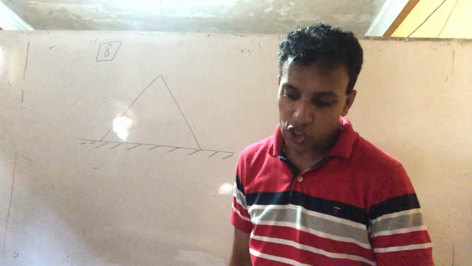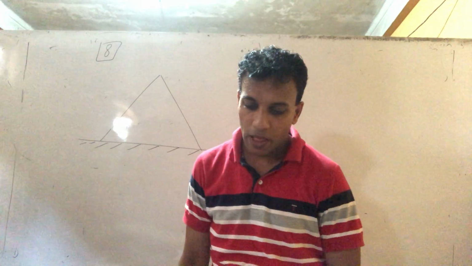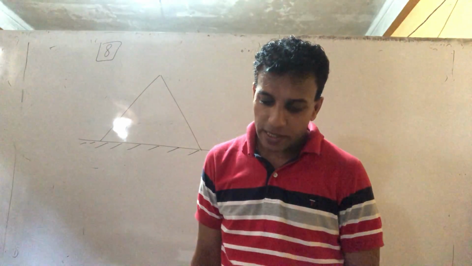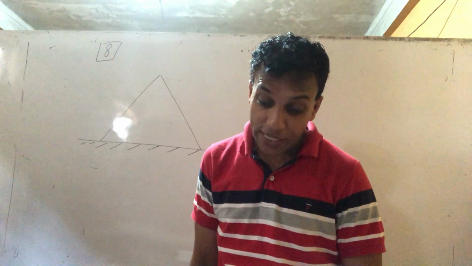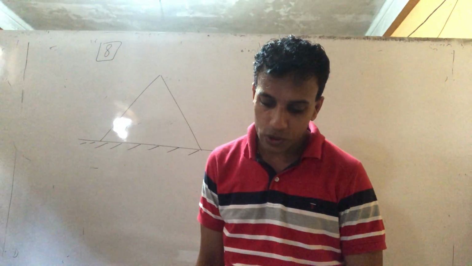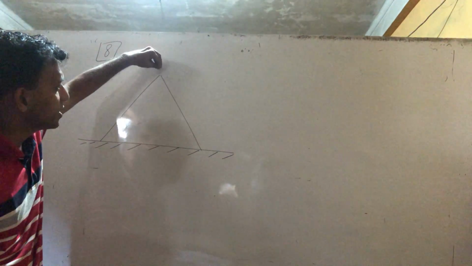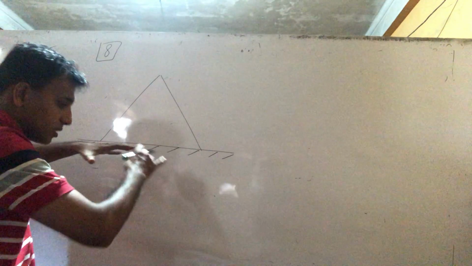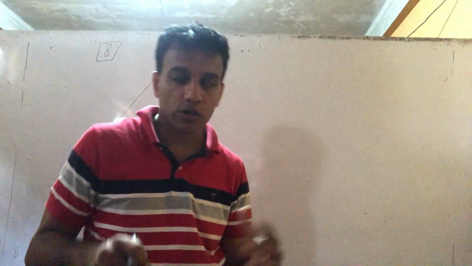Given that the coefficient of friction is mu and the angle they make with each other is 2 theta, what weight placed on the top should cause the system to slip? So we keep a new weight here, and as a result the system will slip.